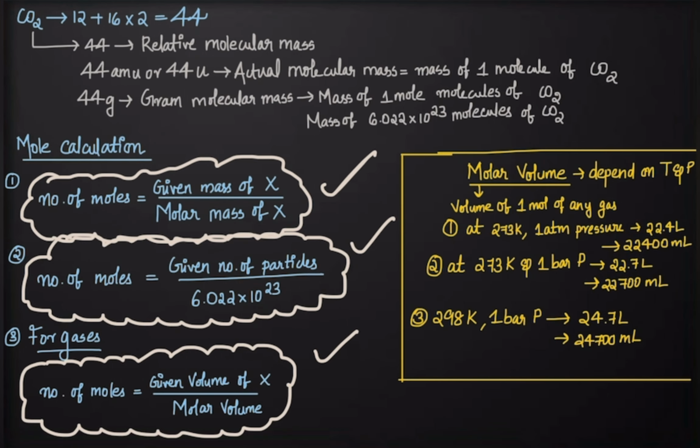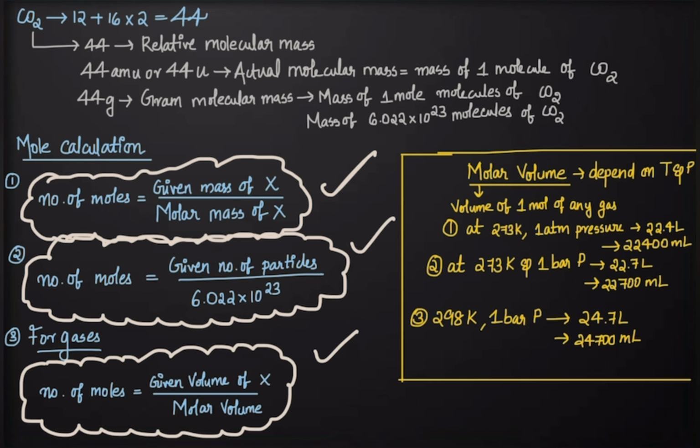And then comes the case of a molecule, carbon dioxide: 12 is the mass of carbon plus 16 into 2 for oxygen, that is 44, the mass number of the carbon dioxide molecule. Relative molecular mass is the mass number. Relative molecular mass equal to 44.